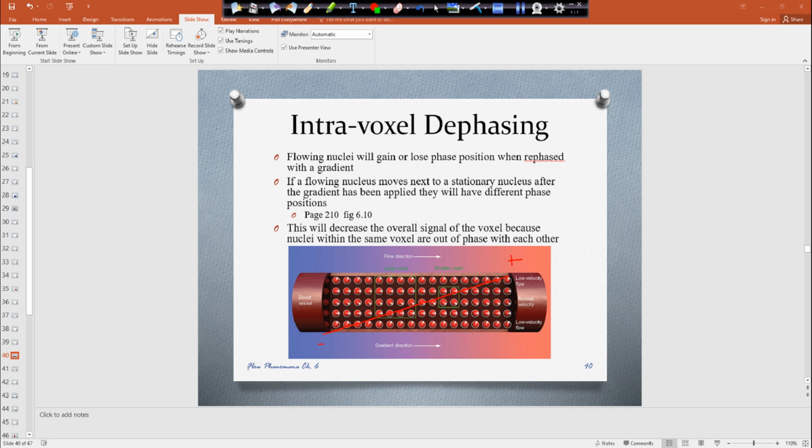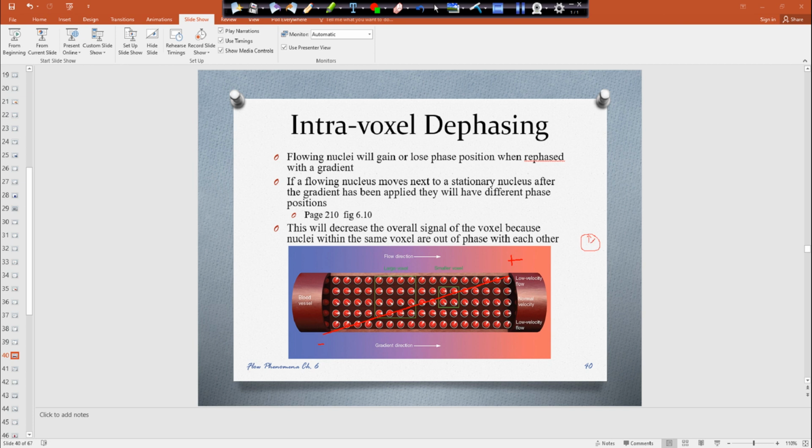So if we compare a flowing nuclei next to a stationary nuclei, that phase change is going to be a lot greater with the flowing nuclei. When we talk about different phase positions, they always refer to the clock. So imagine a stationary tissue that was at 12 o'clock.